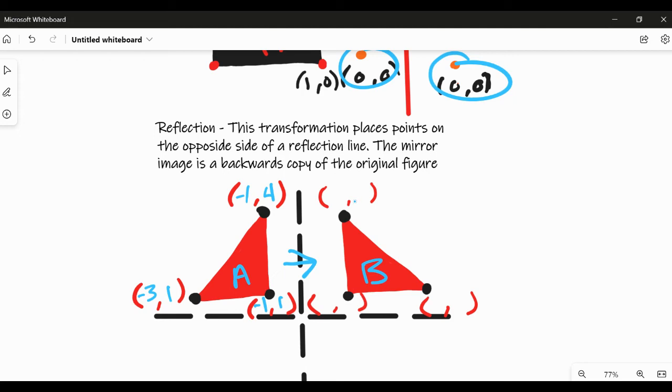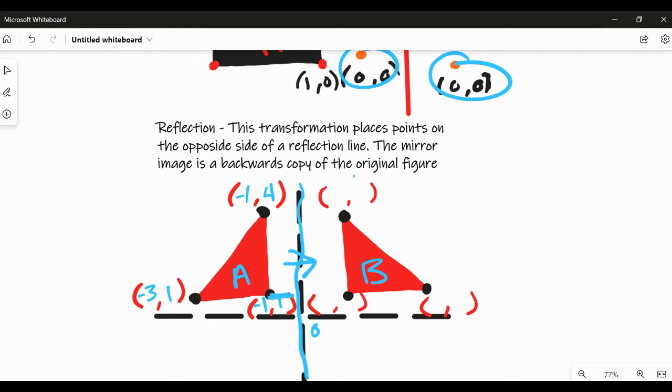Okay. So the reason that I would make the x values their opposite is because we know that here x equals 0. Correct? Well, in order to be a true reflection of figure A, the points on the opposite side of the reflection line have to be equidistant from each other. Okay, so this is 1 unit from the reflection line.